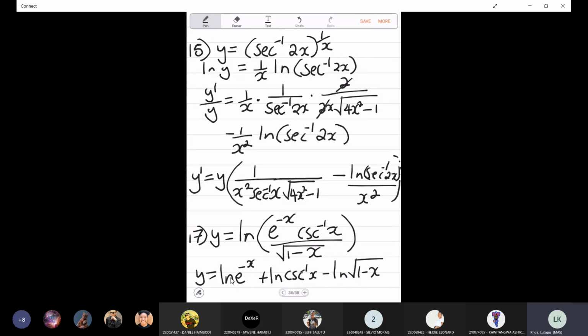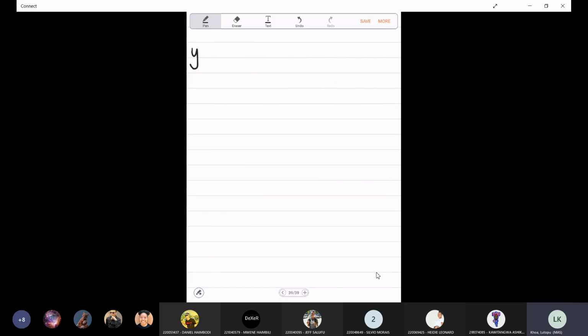So this one, we can still simplify it to minus x, and this one will be half times ln of 1 minus x. So our y is actually equal to minus x plus ln of cosec inverse of x minus a half ln of 1 minus x.